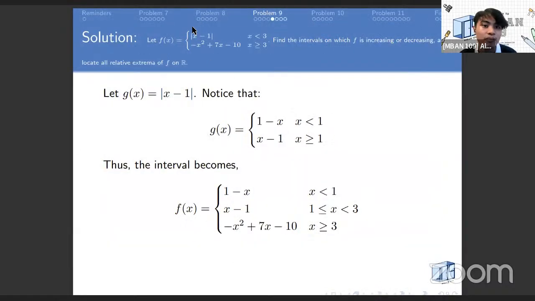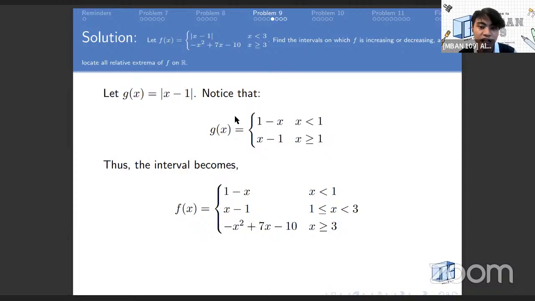So ayan. Let's try the problem. Let g of x is equal to the absolute value of x minus 1. Notice that g of x, positive siya kapag greater than or equal to 1 yung x.